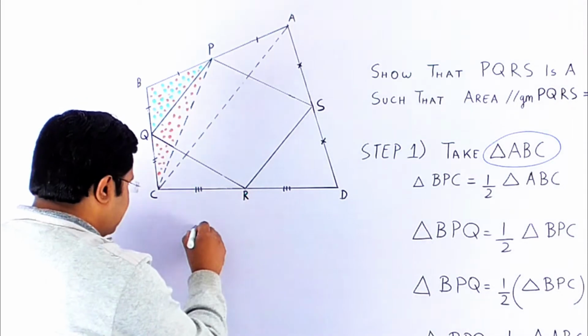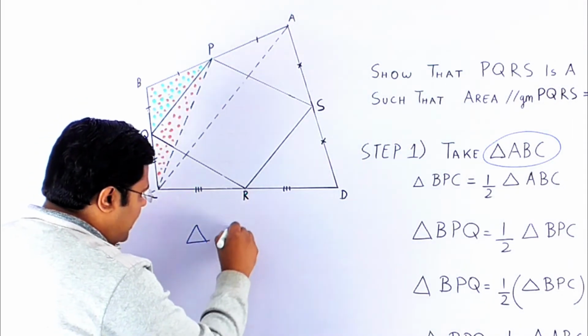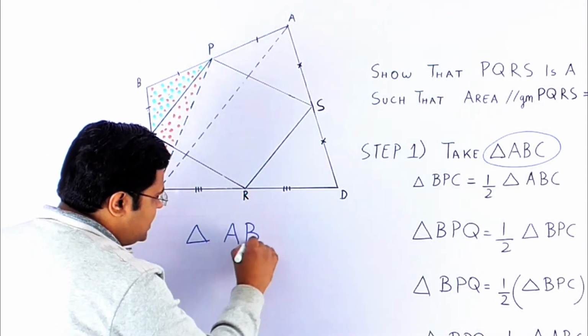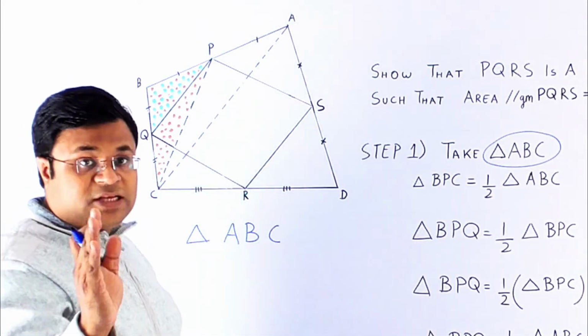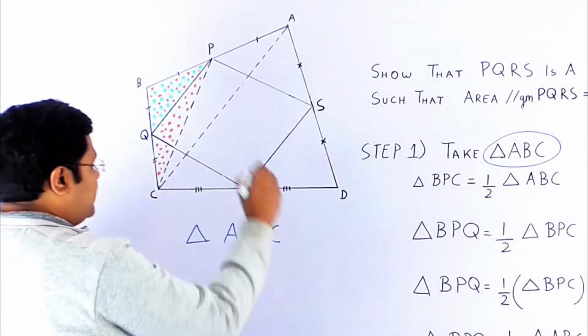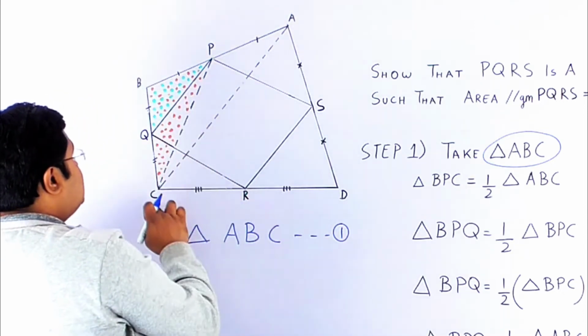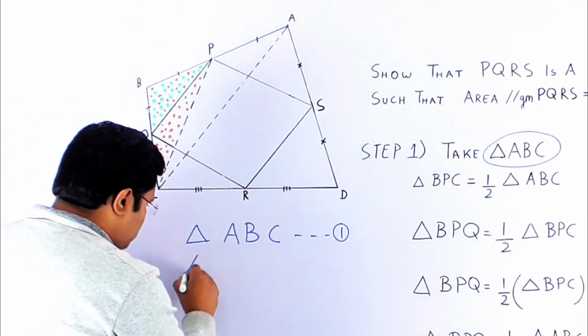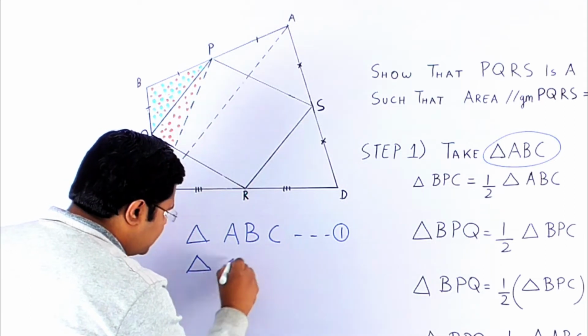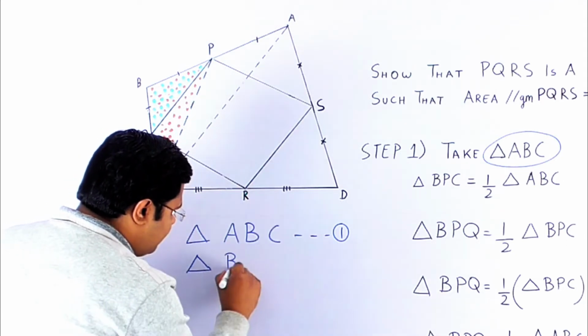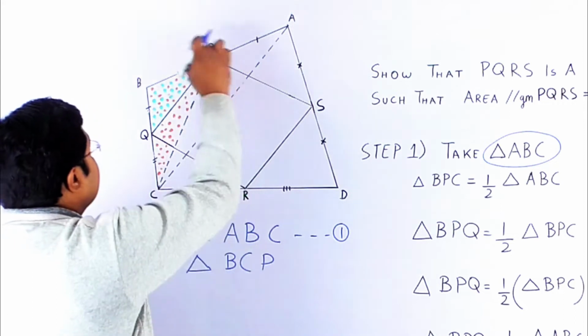So we consider triangles. First is triangle ABC. Next, triangle number 2, which we need to consider, is triangle BCP.